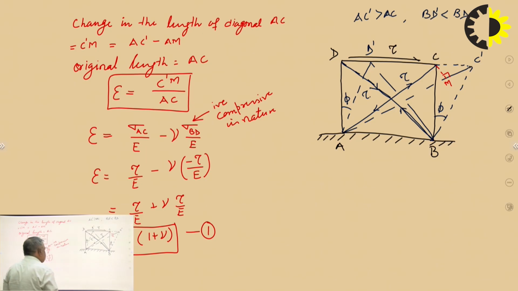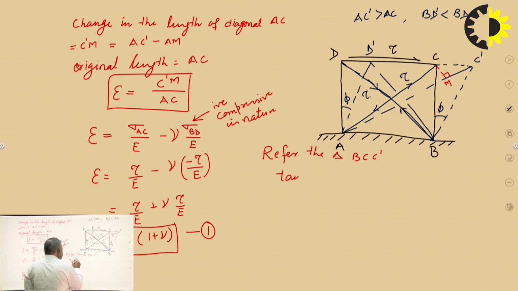Now I consider this distortion. So tan phi, refer to the triangle BCC prime. What is tan phi? Tan phi is equal to CC prime upon BC.